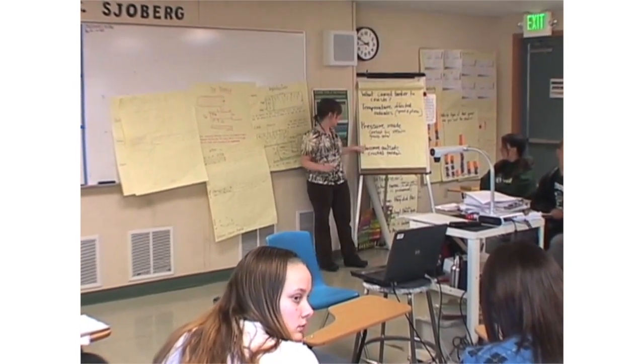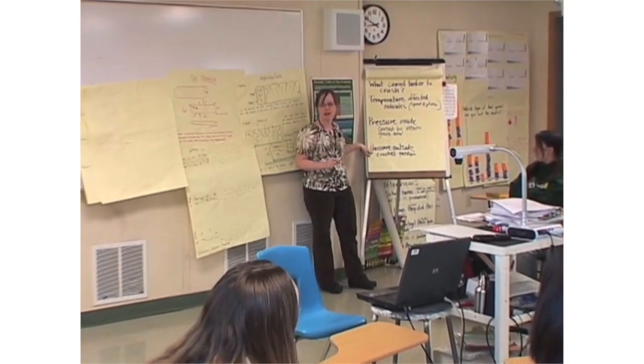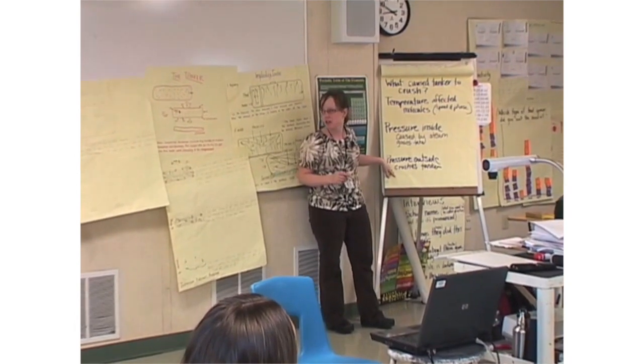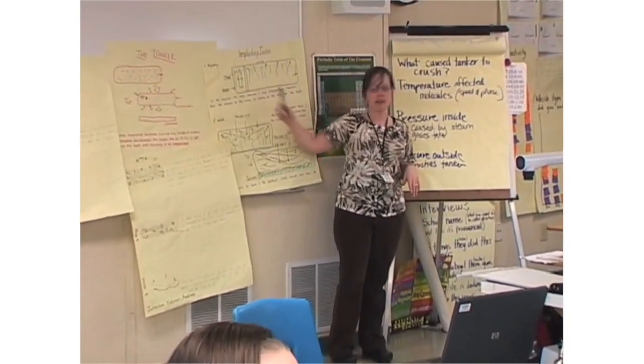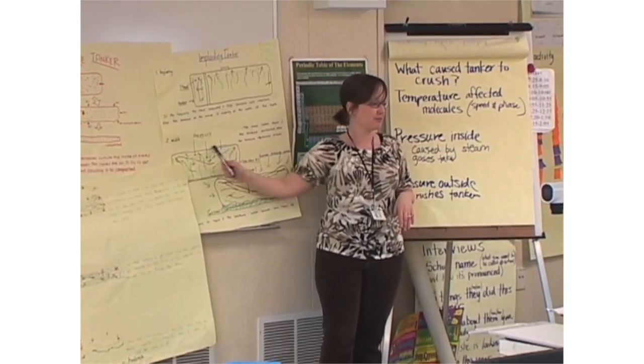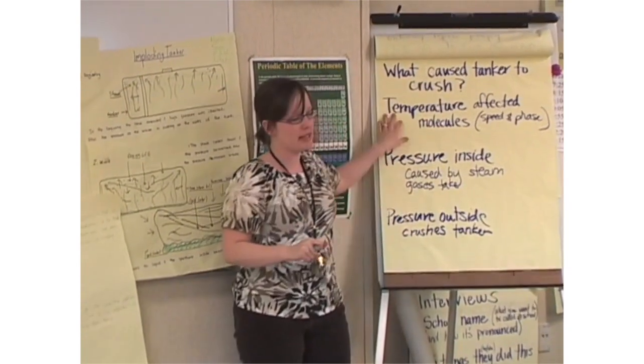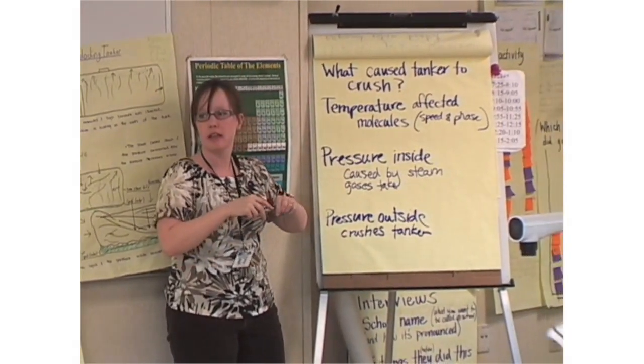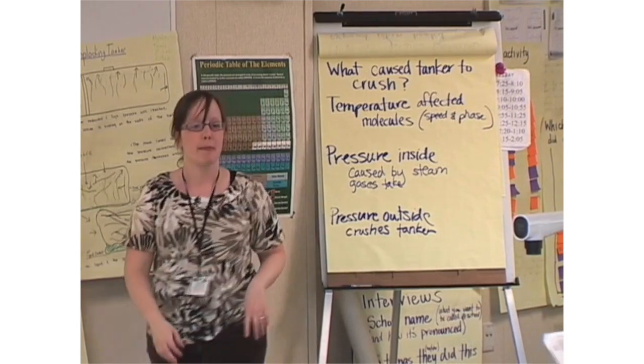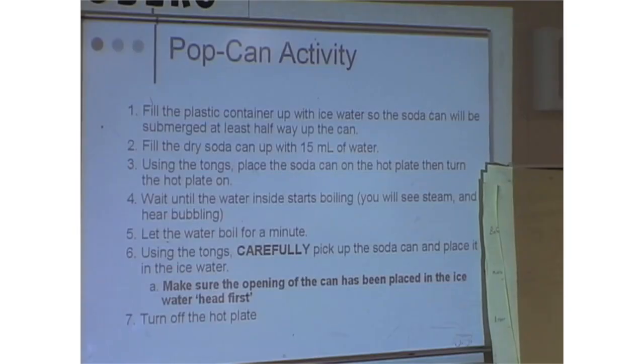And I want you to just continue thinking about this. Why would it crush the tanker? Why does it have the ability to crush it? Because it's not getting crushed here, and it's not getting crushed here, right? So we're going to continue adding to our ideas as we continue today. You have tongs to touch the can, so don't touch the can with your fingers.